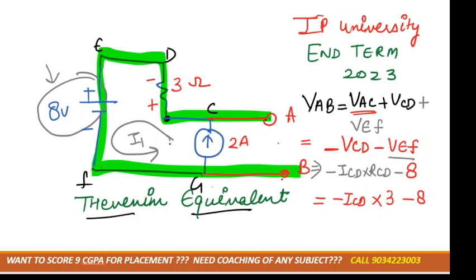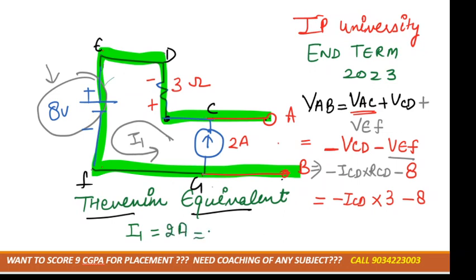Now we need to calculate ICD, or we can say I1. Now can you tell me how many meshes are there? One mesh. And I1 and 2 ampere are moving in the same direction or in the opposite direction? Same direction. So I1 we can write down as 2 ampere, right?